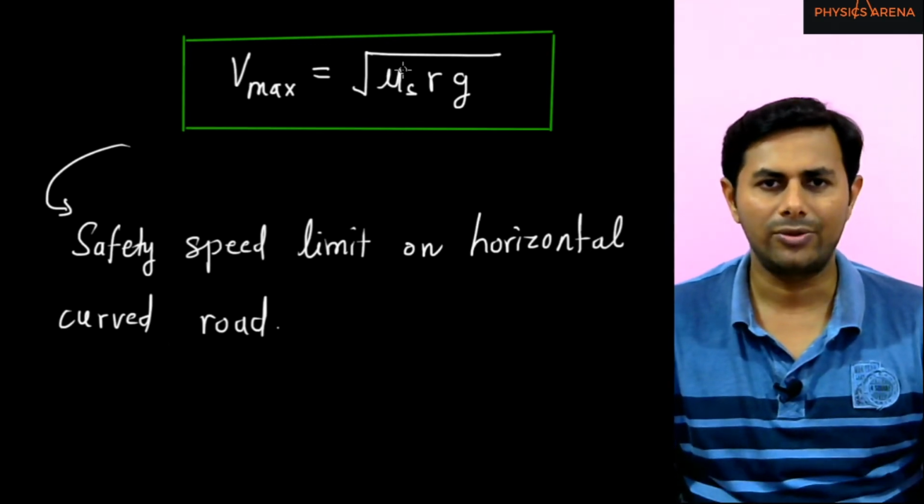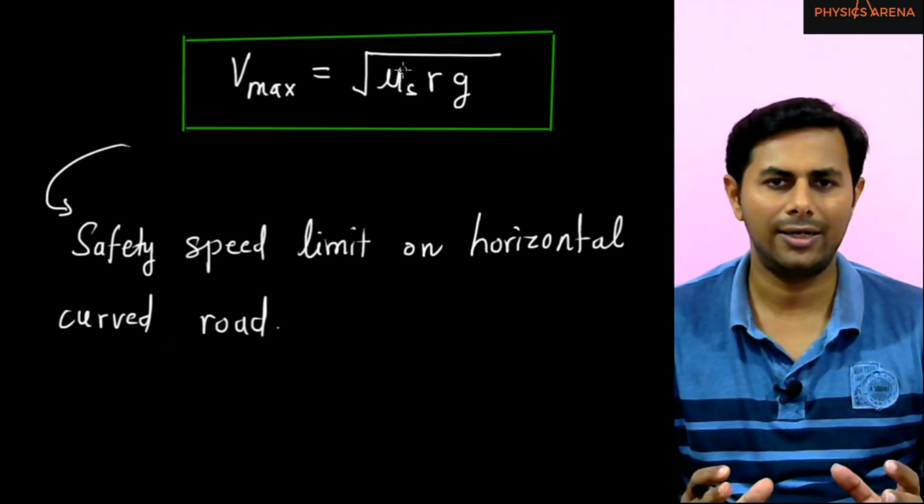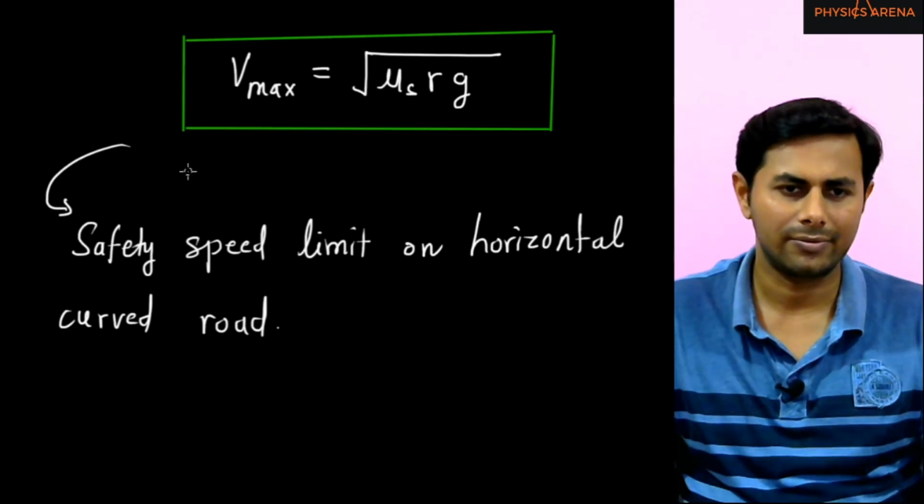So what we do to avoid this is that we use a trick, and the trick is called as banking of roads. So let's see it.